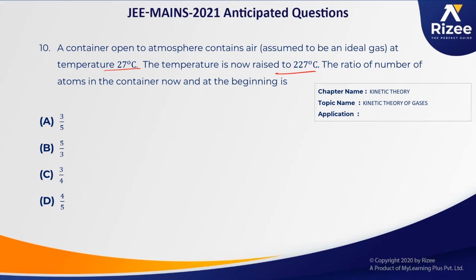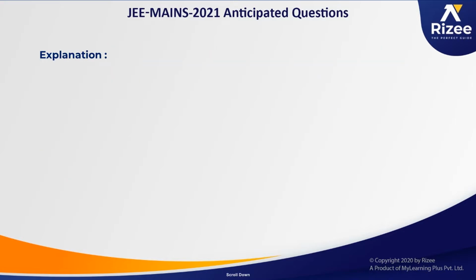So this is a pure case of KTG, that is kinetic theory of gases. How do we solve this particular thing? Just apply the basic condition where pressure and volume are constant. That means n1 T1 will be equal to n2 T2, from PV equals nRT. From this, N2 by N1 is equal to T1 by T2.